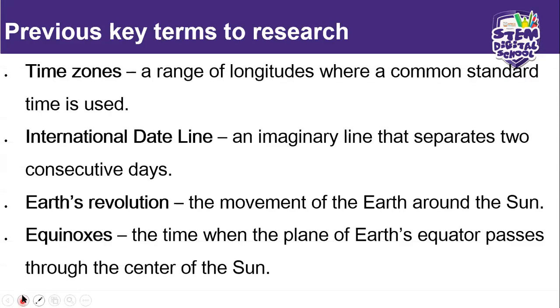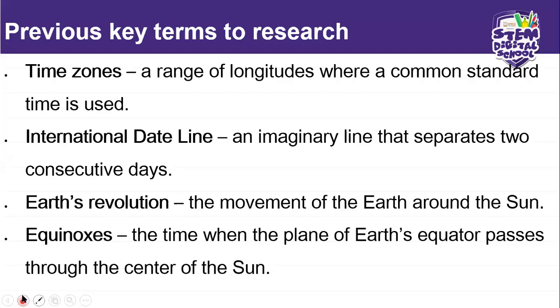Okay, and then I gave you key terms to research. Number one, time zones. What are time zones? It is a range of longitudes where a common standard time is used. We are going to understand them as we go further in the lesson.